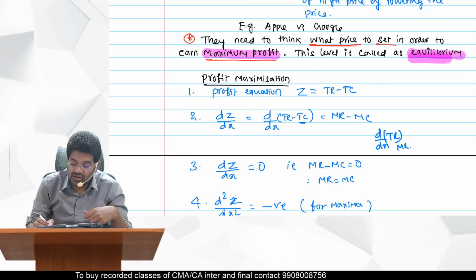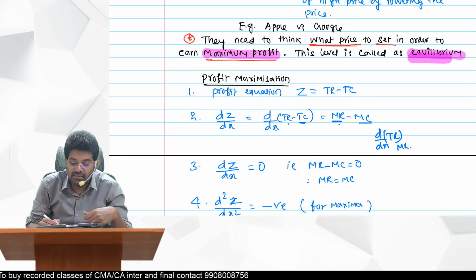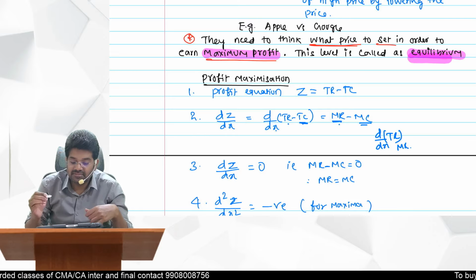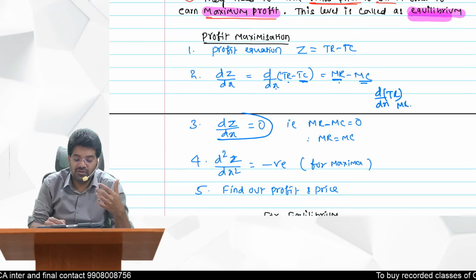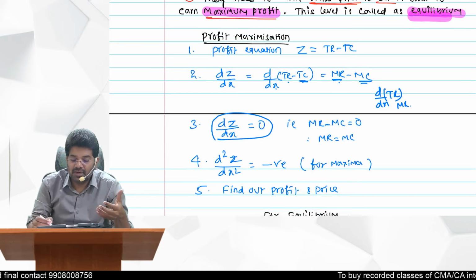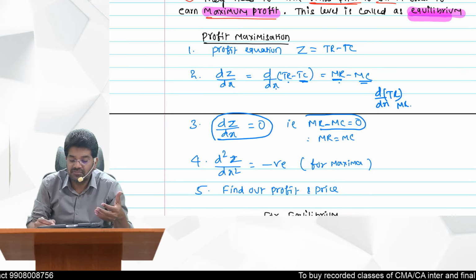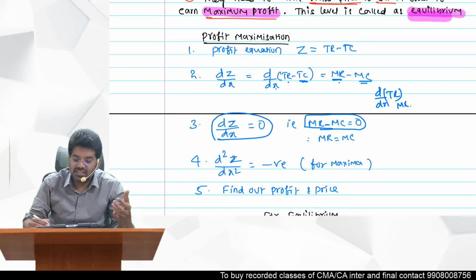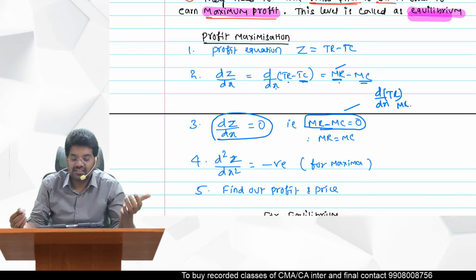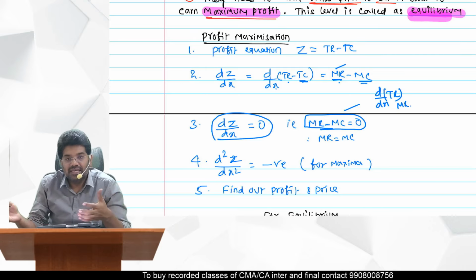You can also call these MR and MC. d by dx of TR is MR, d by dx of TC is MC. Now what is step number 3? You equate dz by dx with 0, nothing but MR minus MC equated with 0. MR minus MC is equal to 0, going by this logic. That means MR is equal to MC.